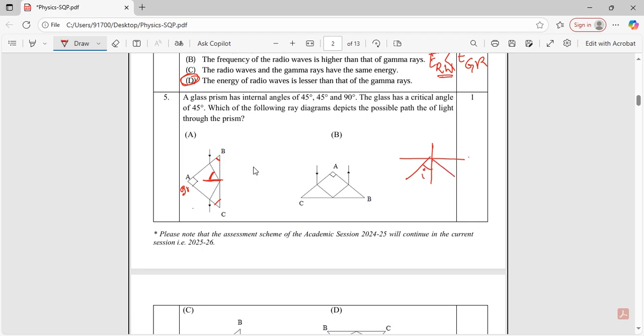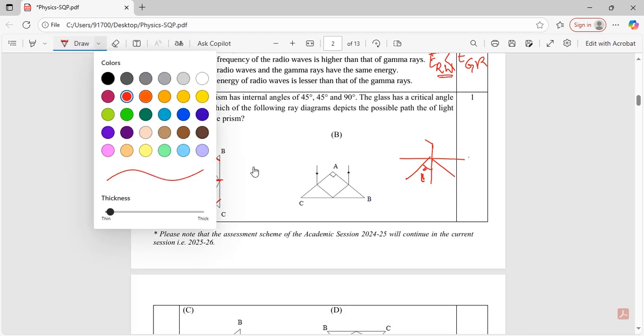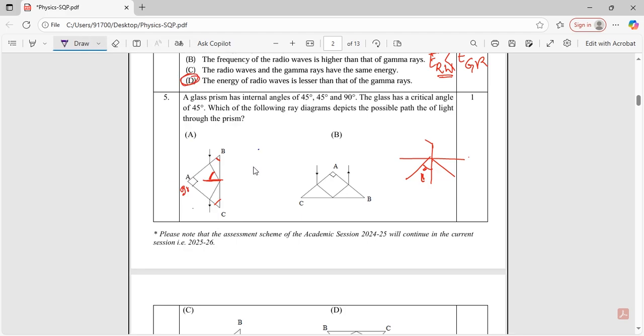The main consideration is total internal reflection: if there is some angle here, that is the critical angle, theta C. So it actually looks like this. Inside here, because this angle looks like 90 and 45, this angle will also be 45.